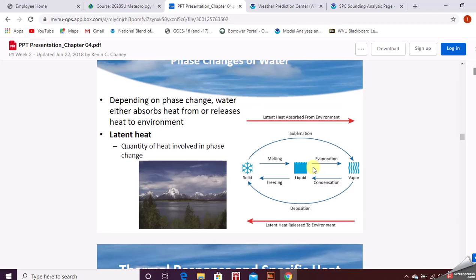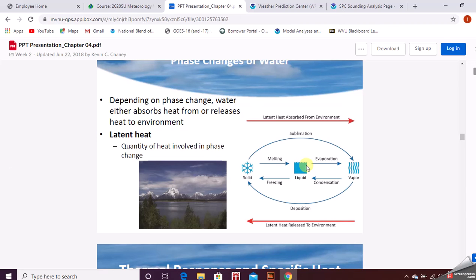So going from water vapor to liquid requires heat being released. And if we go from a liquid to a solid, more heat is released. But if you go the other way, if you're going from a solid to a liquid, for example, heat must be applied to that solid. Those molecules start moving a little faster and they melt and they become a liquid.